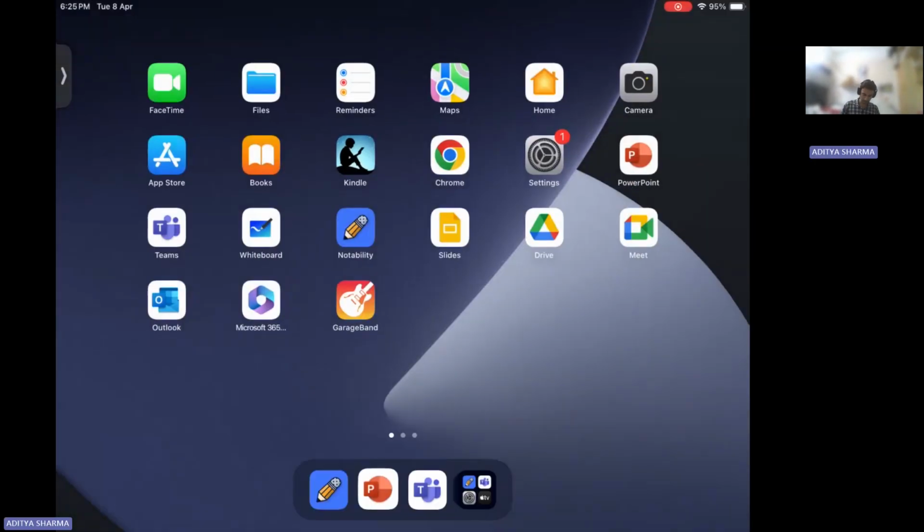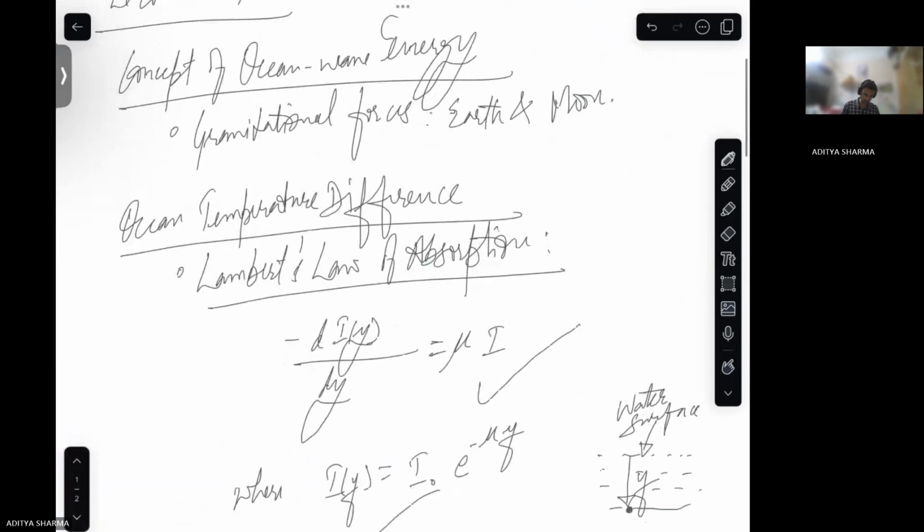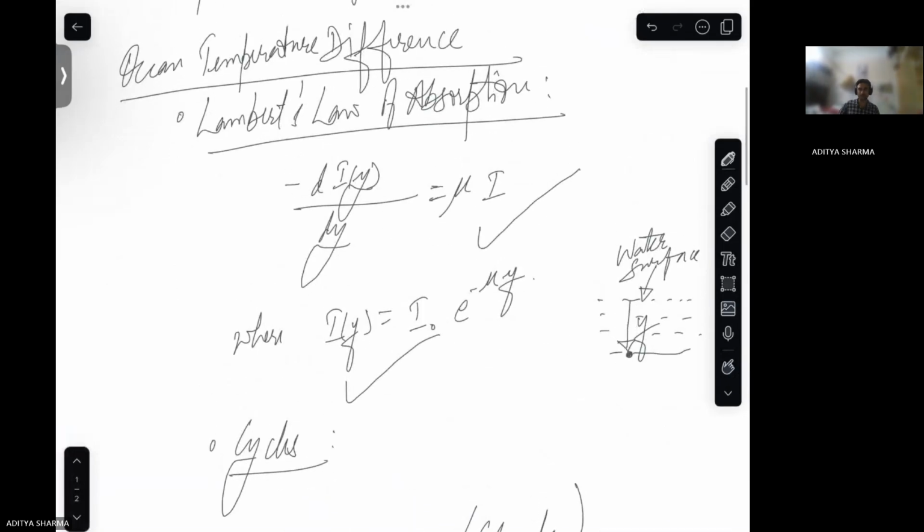So I have discussed here, this is Lambert's law of absorption.